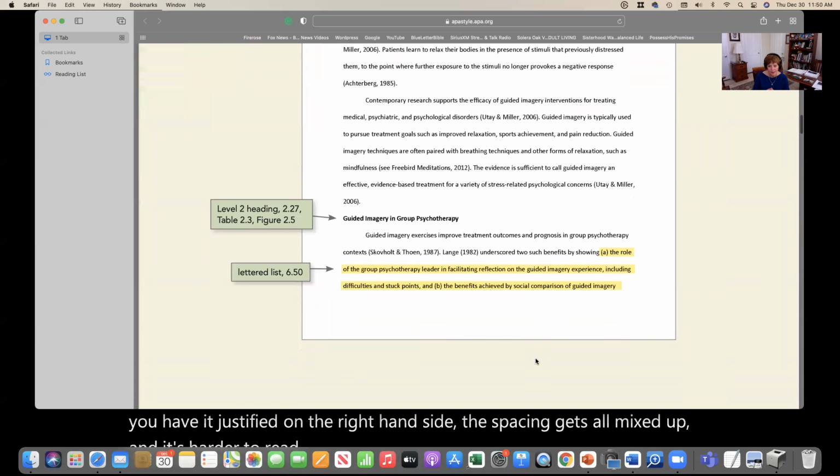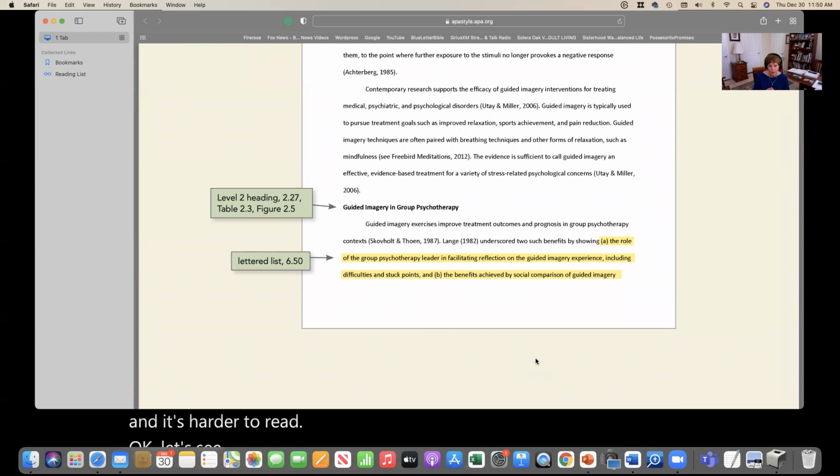Okay, let's see. Okay, this is how to annotate a lettered list.